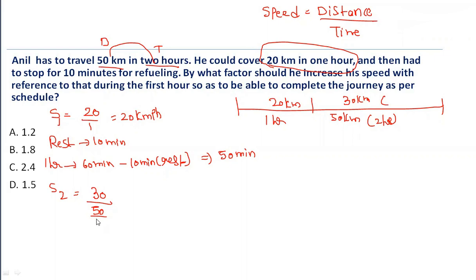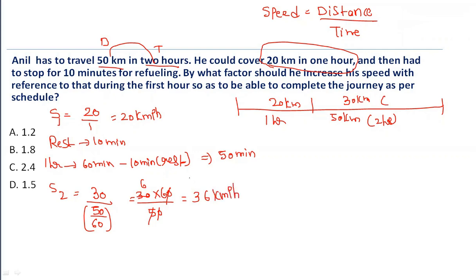To convert minutes into hours, we divide by 60. So this is 60 multiplied by 30 and then divided by 50. The zeros get cancelled, 5 ones are 5, 5 sixes are 30, so the speed is 36 kilometers per hour.